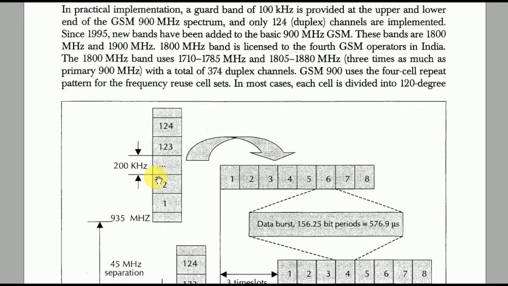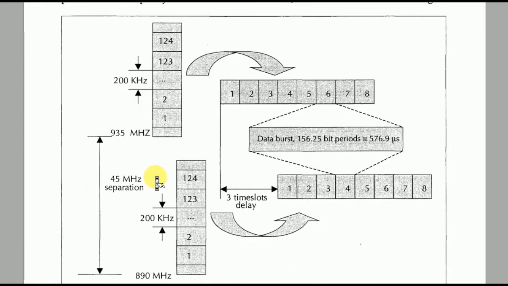You can see in this picture, for the uplink we are using the 890 to 915 megahertz band of frequencies. We divide this band into 124 channels: channel number 1, channel number 2, etc., up to 124 channels.